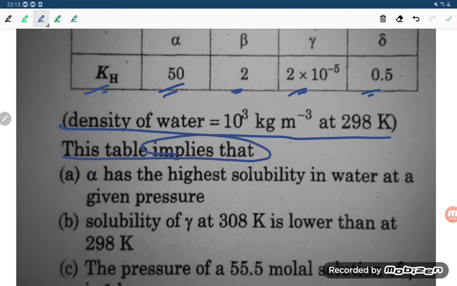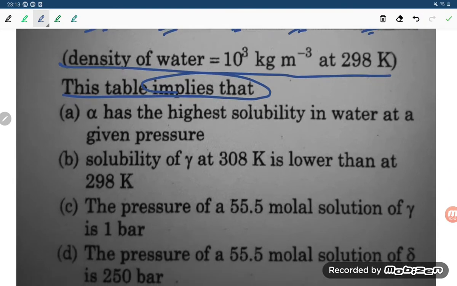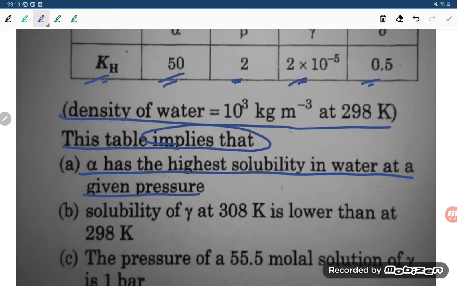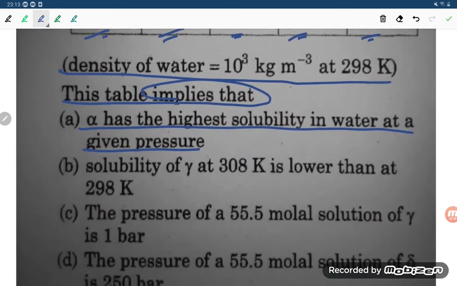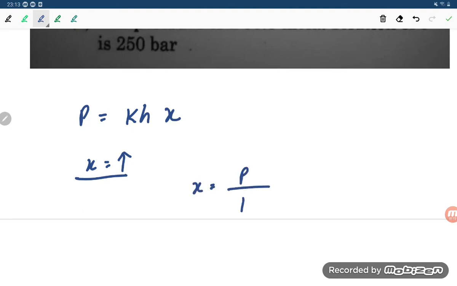This table implies that alpha has the highest solubility in water at the given temperature. So if you calculate, KH is equal to 50. We know P is equal to KH X. Higher solubility means the mole fraction should be more. X is equal to P upon KH.